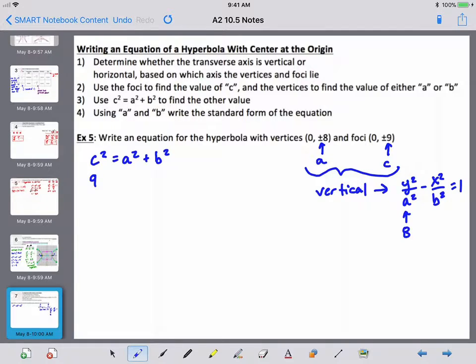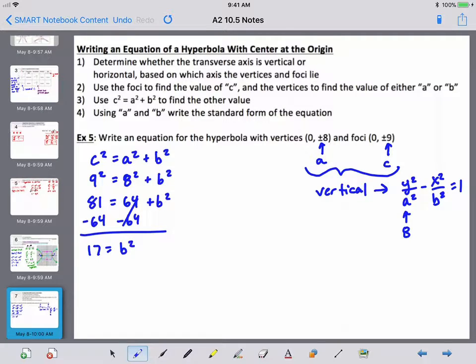We know c is 9. We know a is 8, and we can use this to solve for b. So solving gives us 81 equals 64 plus b squared. We subtract this 64 from both sides. These will cancel, and we end up with 17 equals b squared.